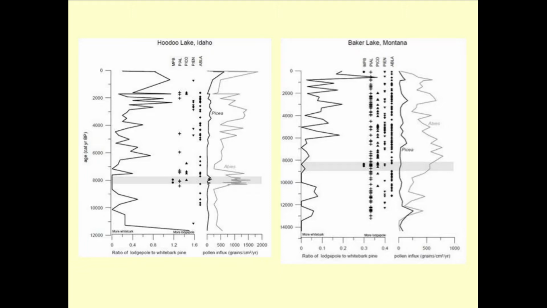But if we look back at the percentage diagram, and here's Abies right here, the fir, you don't really pick that out. So these are things that you might not necessarily notice if all you looked at was percentage alone. So there's a lot of information that we can get from pollen that isn't necessarily presented in a standard diagram. So what I'm trying to think about is how can we use these data to be more applicable to management questions.